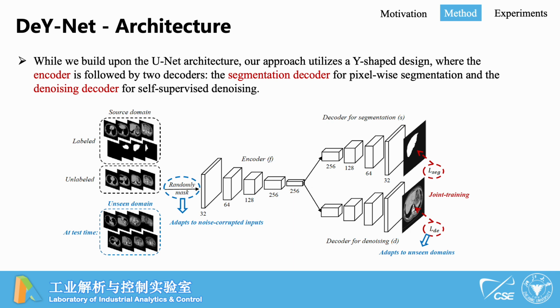Let's take a closer look at the details of our method. As illustrated in the overview figure, our approach, named DNet, is built upon the UNet architecture. In DNet, the encoder is followed by two decoders: the segmentation decoder for the pixel-wise segmentation task, and the denoising decoder for self-supervised denoising.